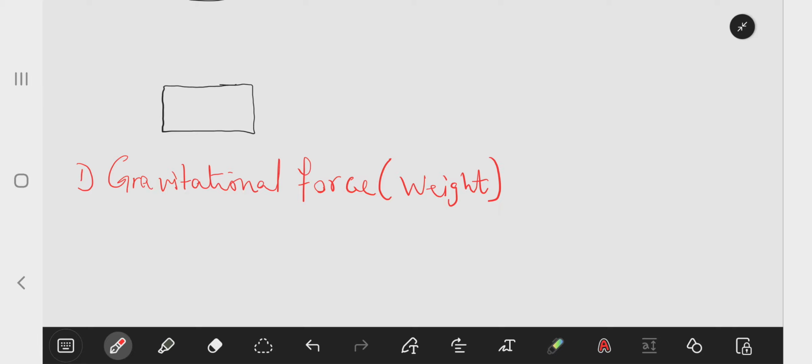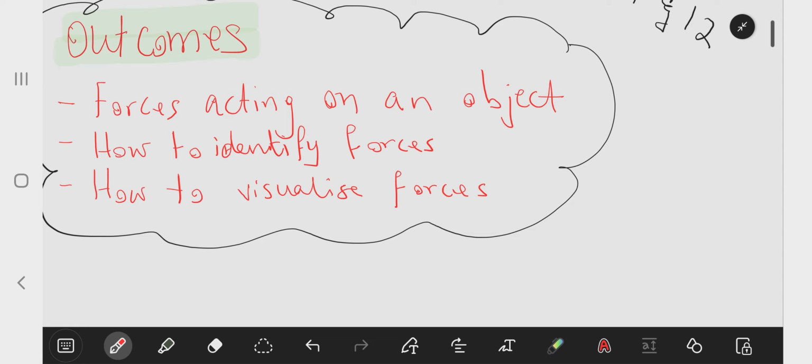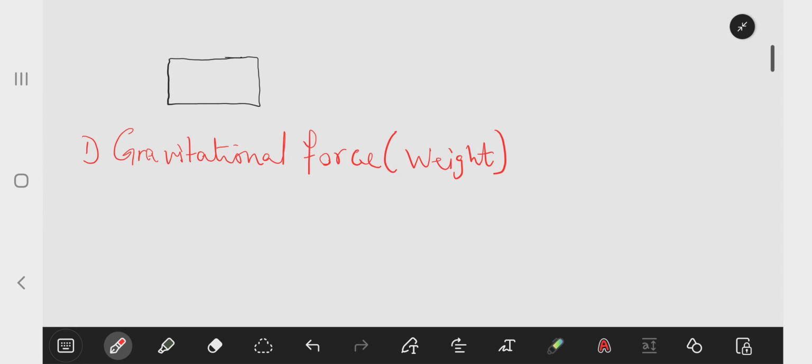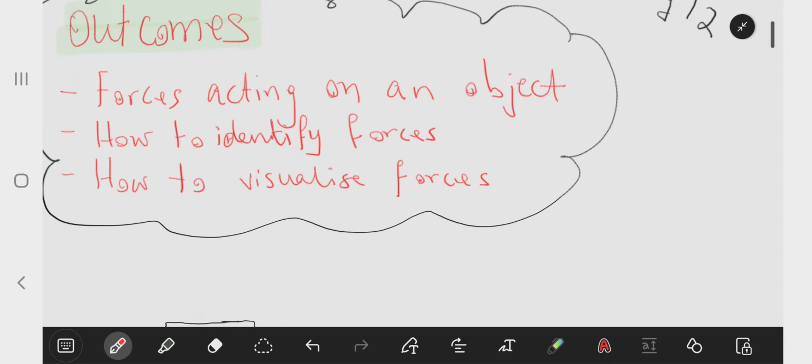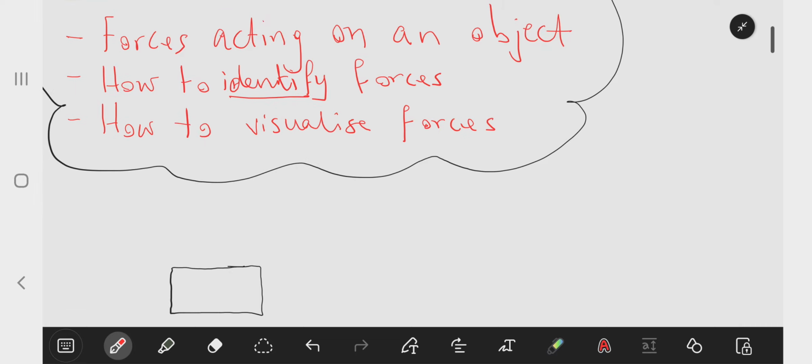Okay, so now remember, the outcome for this lesson is for you to actually identify the forces and be able to visualize the forces, right? So now, how do you know that there is gravitational force on a certain object? So that comes with identifying your forces. How do you know that we do have gravitational force?